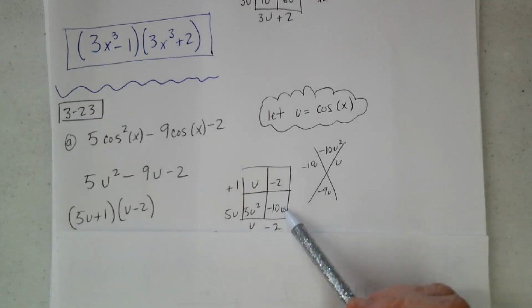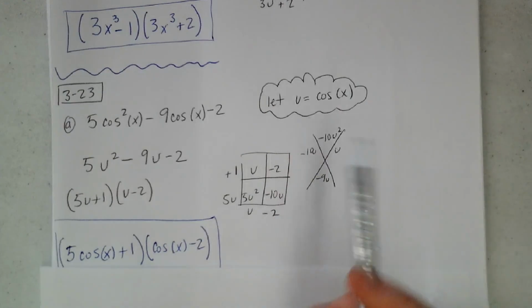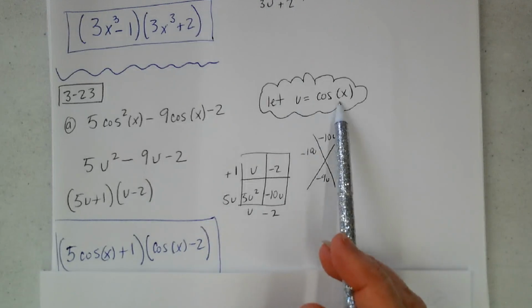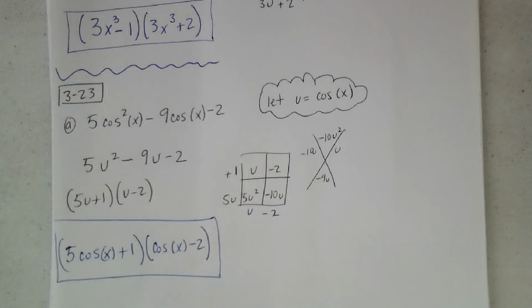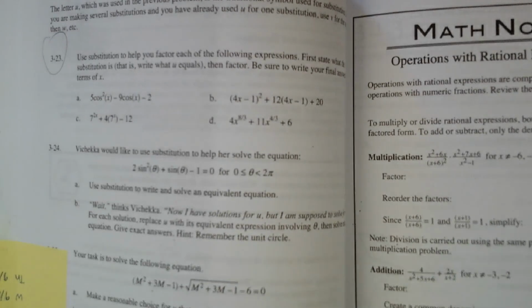I put them in here, factor, and then I'm going to plug at the end. Once I have it factored, then I'm going to plug in the cosine x for u. So in your book, I don't want to completely spoil it, but I kind of want to give you ideas of what u to use, and then you can try these on your own.